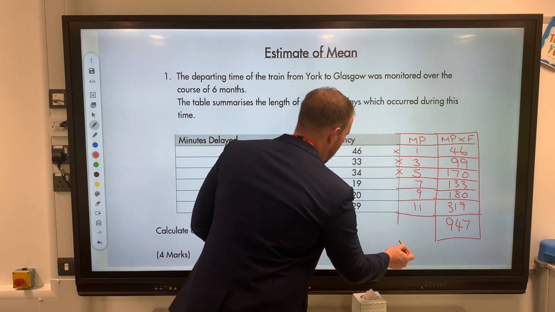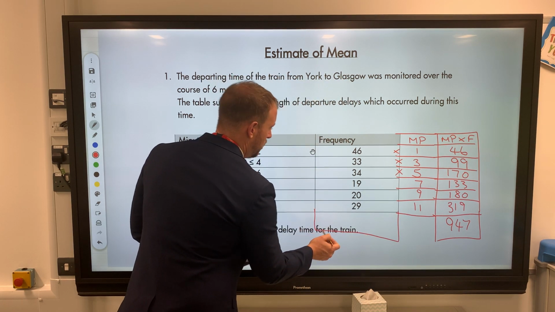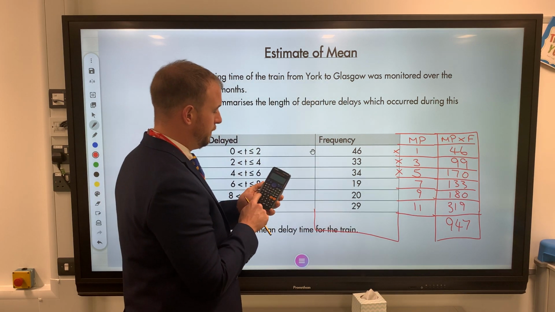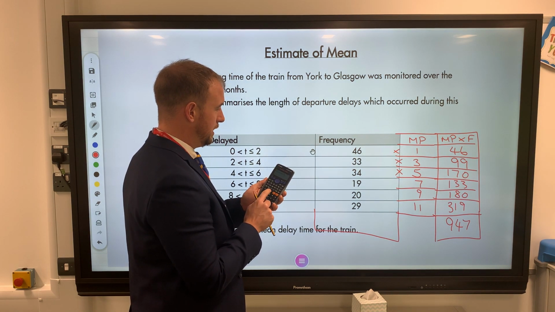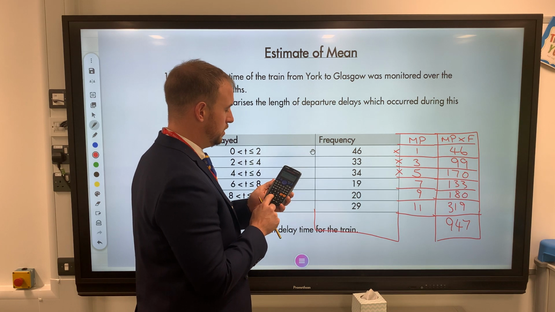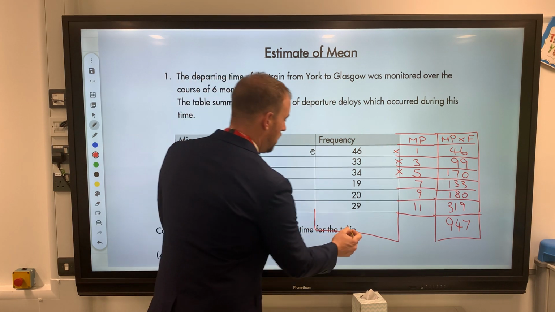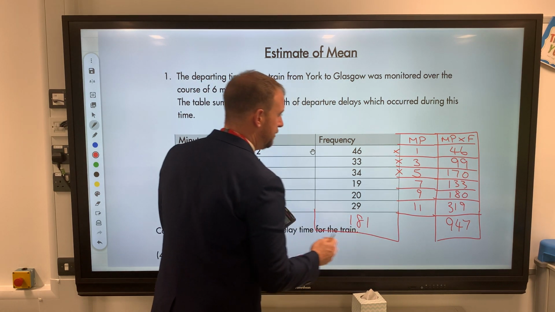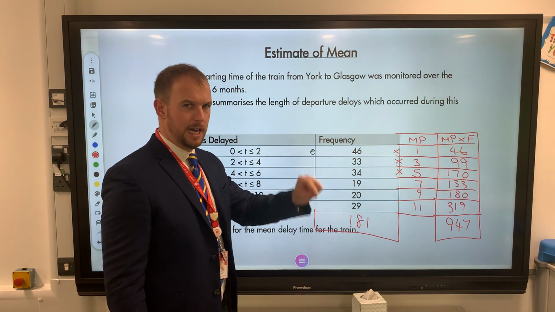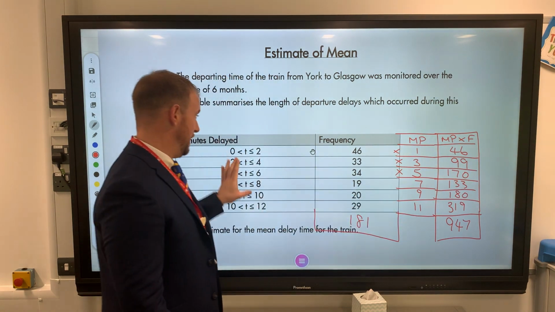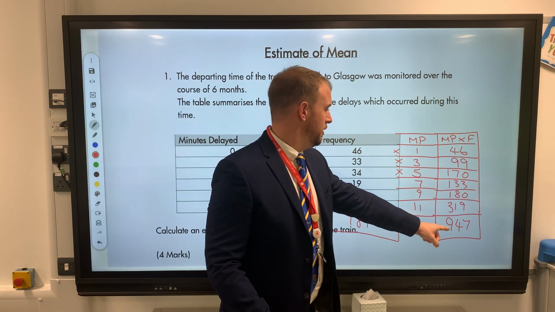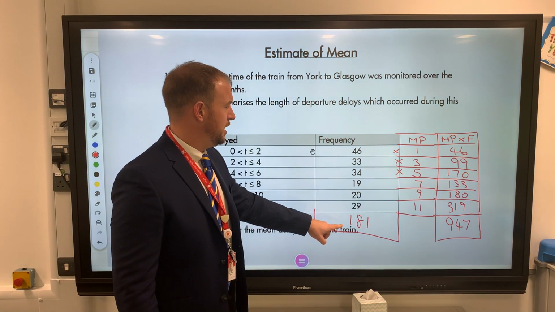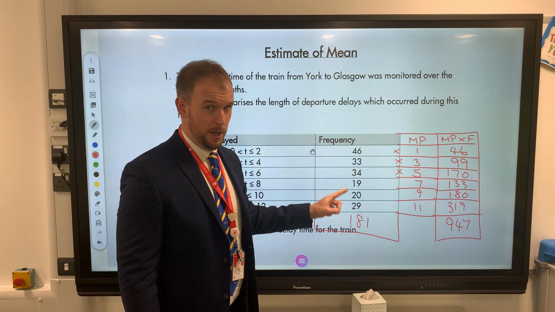We now need to work out how many people we've got in our tables. We've got 46, add 33, add 34, add 19, add 20, add 29. That is 181 people. So the total amount of time delayed, estimated because of our class intervals, is 947 minutes. And this information is about 181 people.